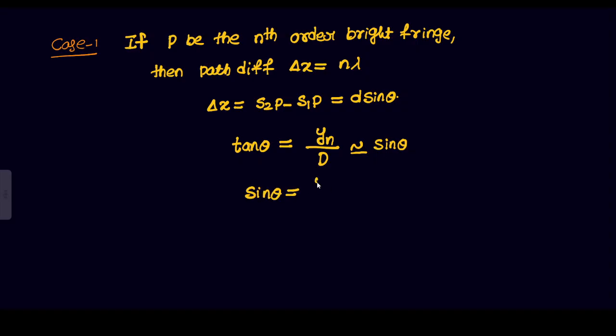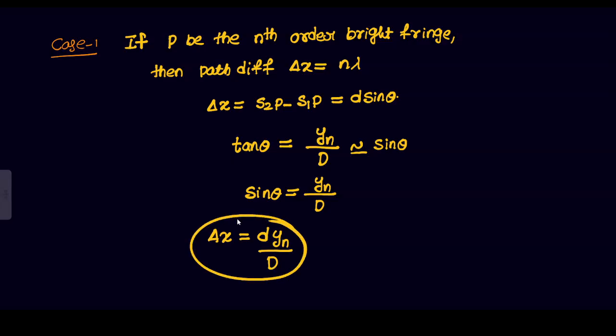Sine theta equals yn by capital D. Now we can place this here. So delta x is d sine theta, which means d into yn by capital D. This is the path difference delta x.